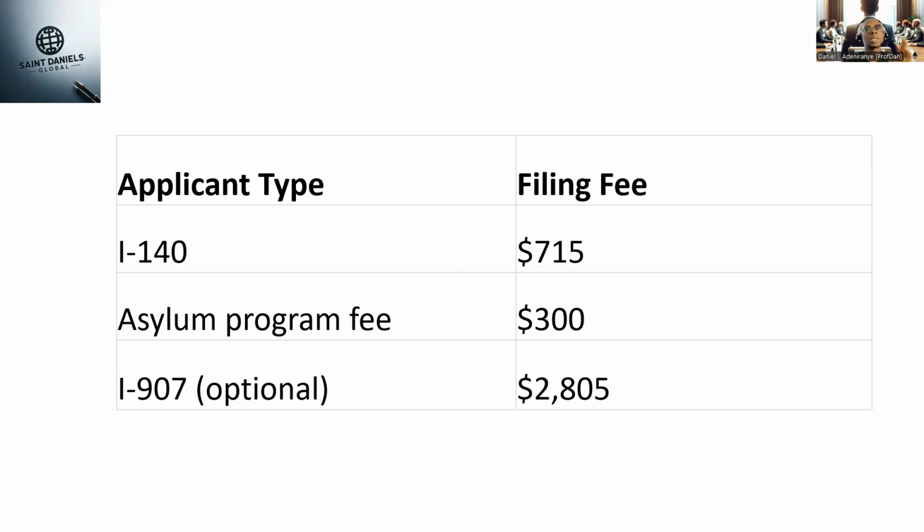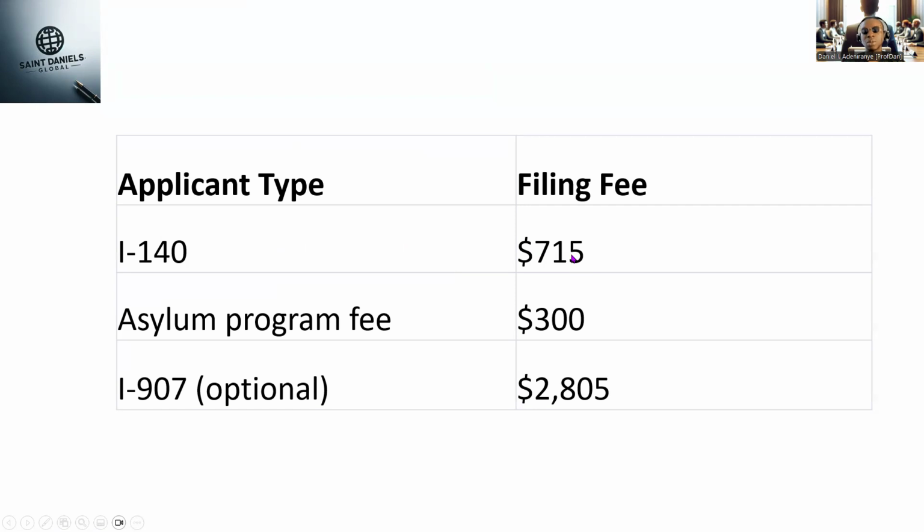And these fees, let's quickly take a look at them. That's the Form I-140. You must pay with your check, money order, personal check, or credit card for $715, addressed to the proper authority, Department of Homeland Security, I-140, payment of $715.